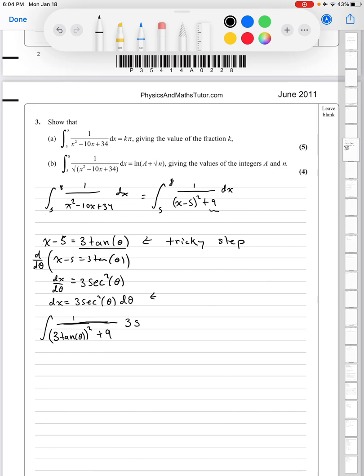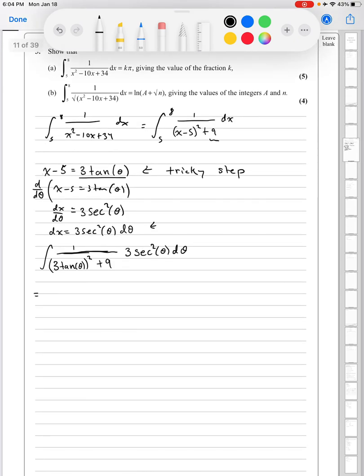So we have 1 over 9 tan squared plus 9, times 3 secant squared theta d theta. Now 9 tan squared plus 9 is just 9 secant squared, from our identities. So we have 1 over 9 secant squared times 3 secant squared.